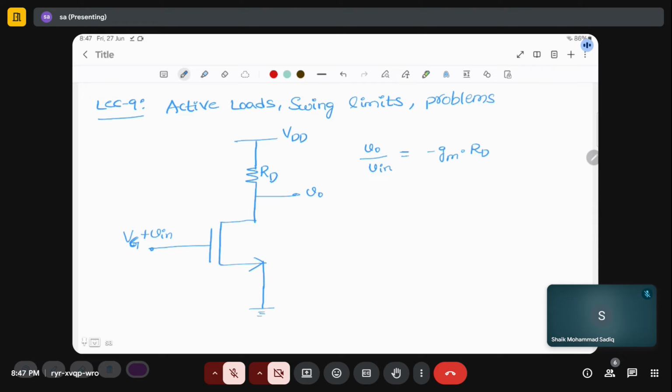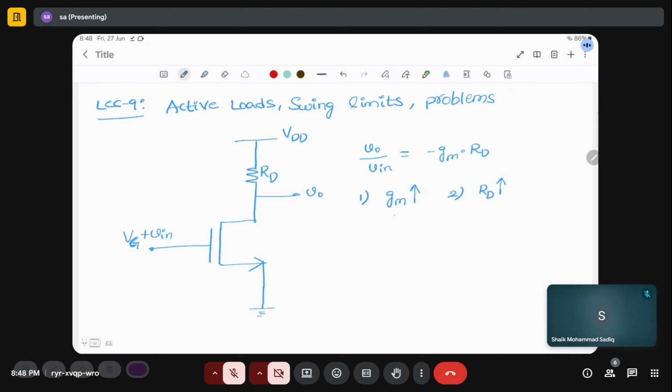Now, if I want to increase the gain, what can I do? How can I increase the gain of my amplifier? What are the possibilities? We can increase gm or RD. Okay, one option is to increase gm, and the second one is to increase RD.